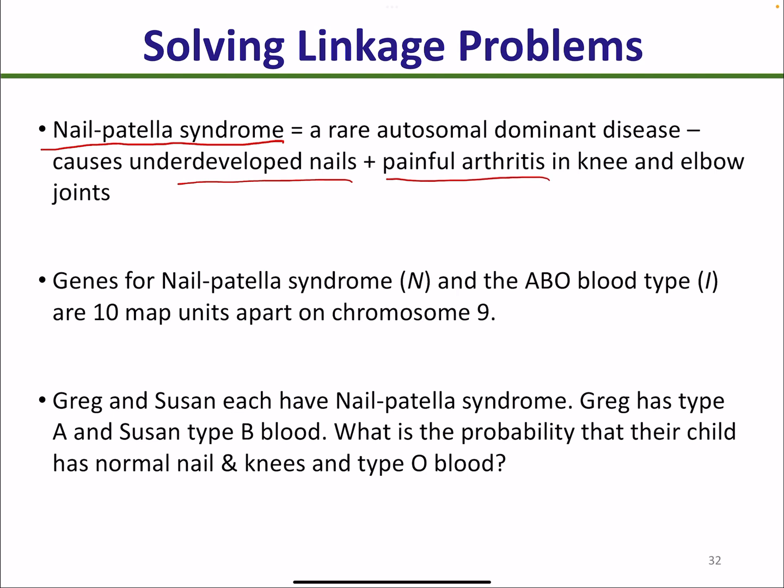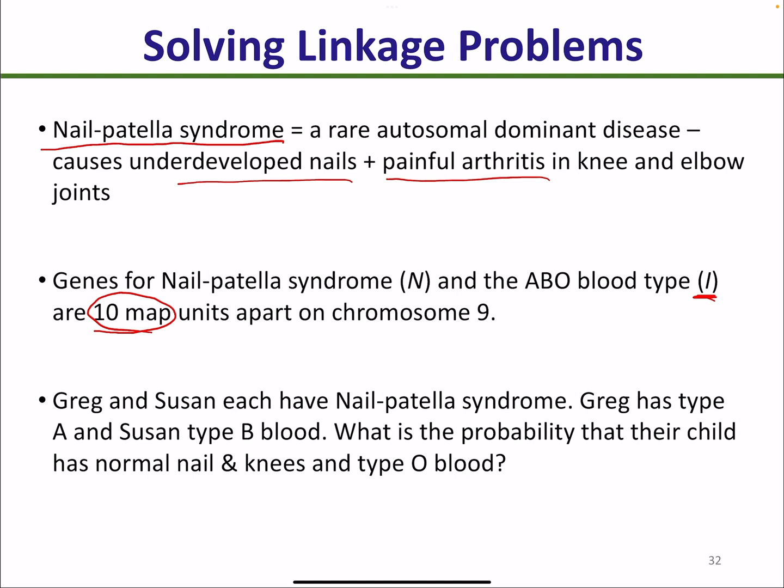Now, the genes for Nail-Patella syndrome and the ABO type, specifically the I, capital I, are going to be 10 map units apart. And these two genes are carried on chromosome 9. Now, 10 map units is also 10 centimorgans, right?